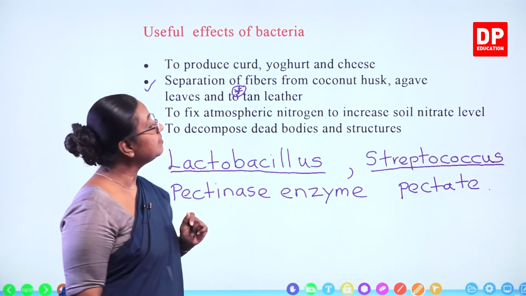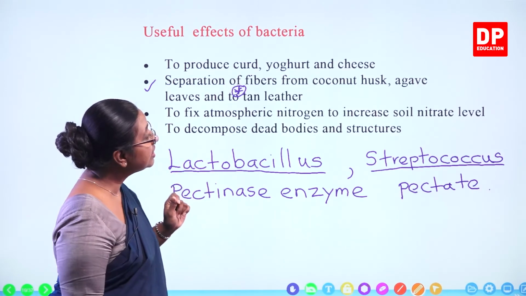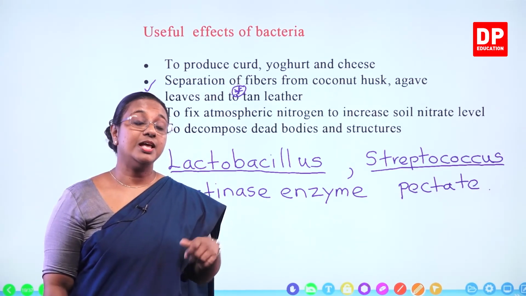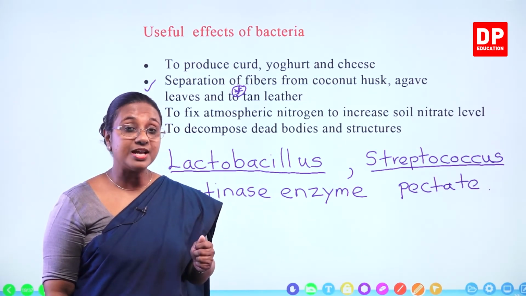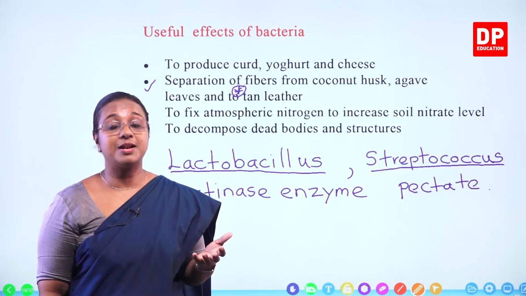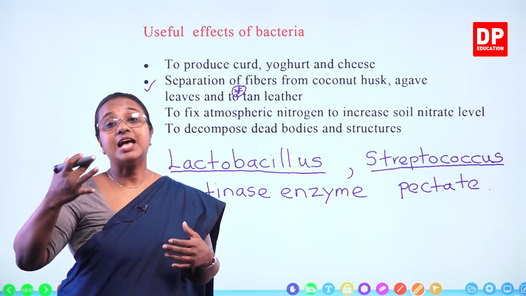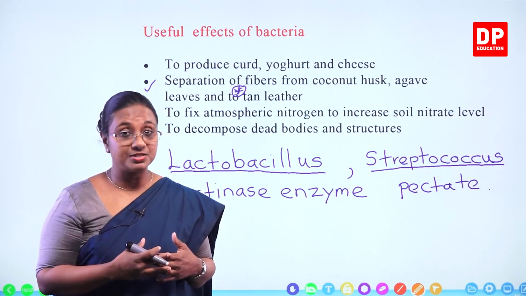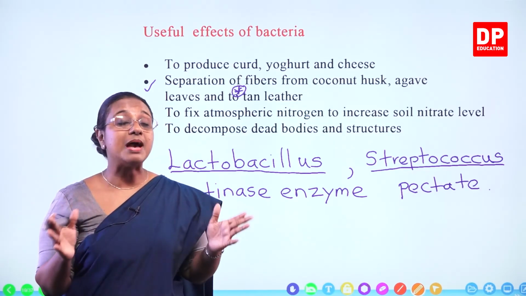Then to fix atmospheric nitrogen to increase soil nitrate level. You're familiar with this process as well. There is about 78% of nitrogen in the atmosphere, but that cannot be absorbed by the plant. So that nitrogen has to be converted to a form that can be absorbed by the plants. So that is done by bacteria.